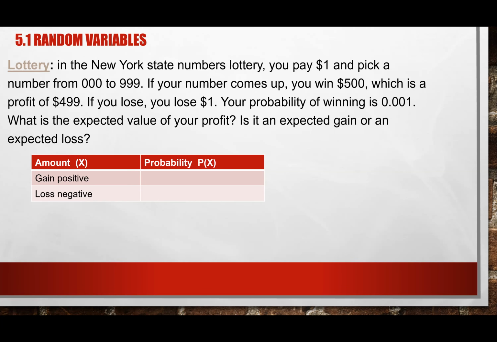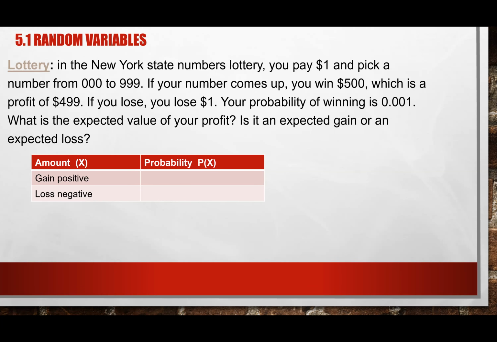If your number comes up, you win 500, which is a profit of $4.99. If you lose, then you lose the $1 that you paid, right? Your probability of winning is 0.001. What is the expected value of your profit? What is the expected gain? Or what is the expected loss?